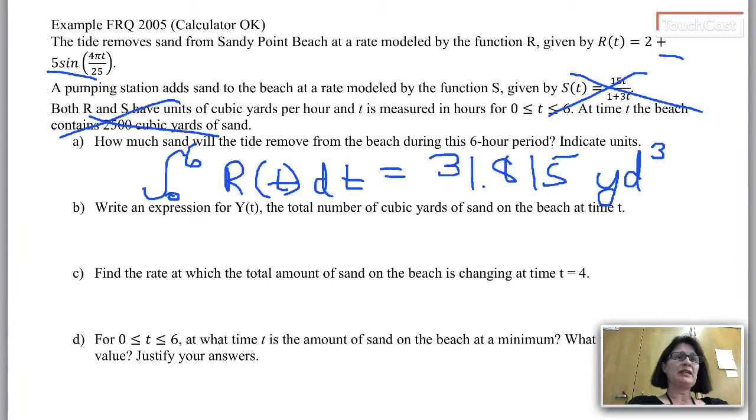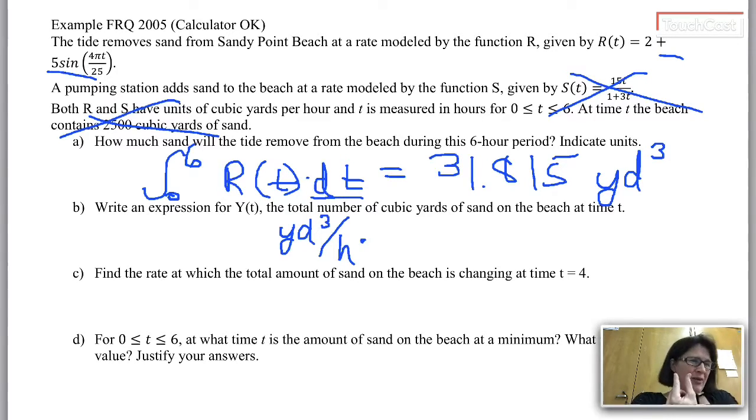R of t is measured in cubic yards per hour, and an integral models adding up a bunch of small products. So in this case, my product is the R of t value times the tiny change in time, dt. We've been told t is measured in hours.